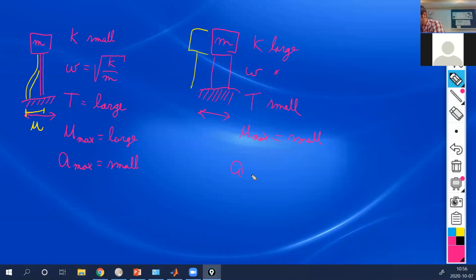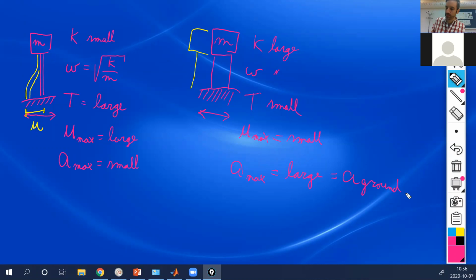And the acceleration of the mass is now going to be very large, because as the ground shakes, the mass shakes with the ground. So the acceleration of the mass is going to be equal to the acceleration of the ground.